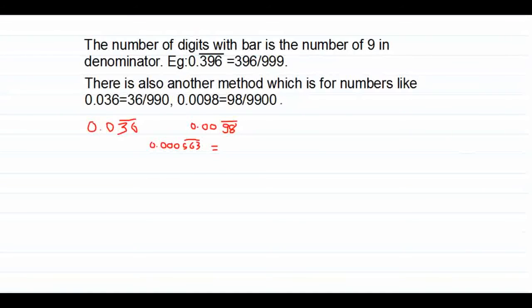Here we have 3 zeros, and 563 are the 3 digits inside the bar, so we are going to write it like this: 563 divided by 999, because there are 3 digits below the bar, and there are 3 zeros as we can see here. So I am going to put 3 zeros after these 3 nines. So this is the second rule.